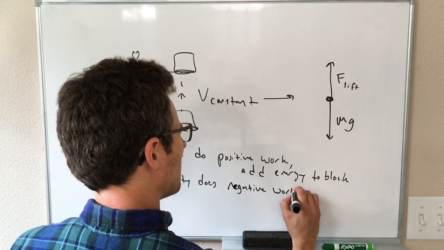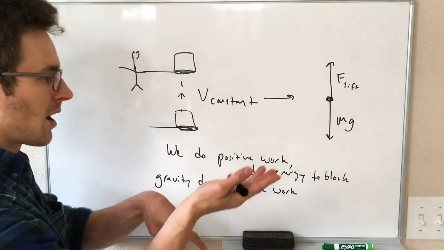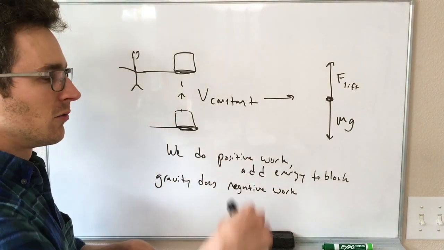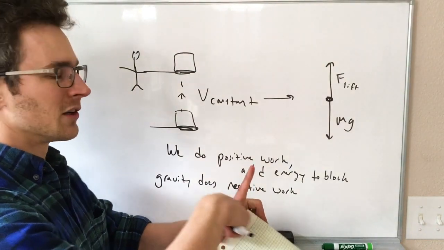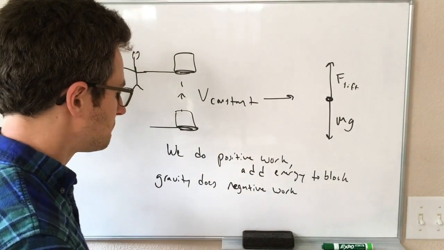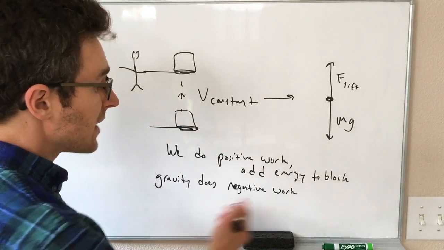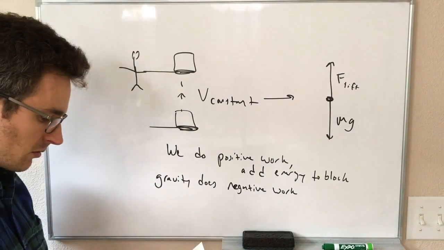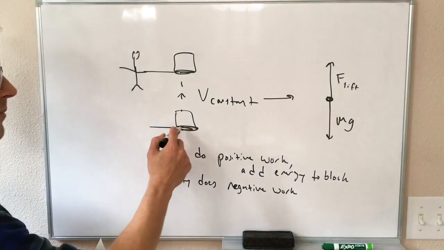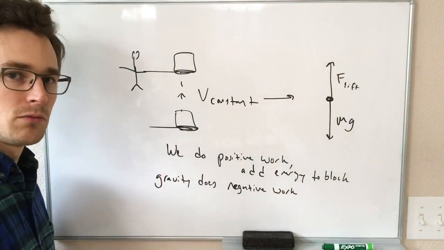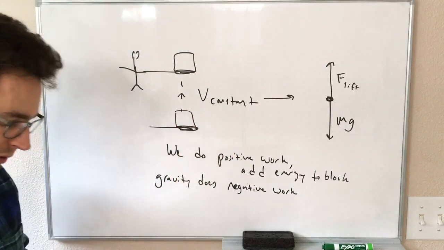As we lift it up, gravity is pulling it down, so force down, direction of motion up, that's cosine of 180 degrees, so that gives us a minus sign. And negative work, of course, is taking energy away. The net result, if these forces are the same, is that the energy of our object stays the same, which is where we started because we move with constant velocity.